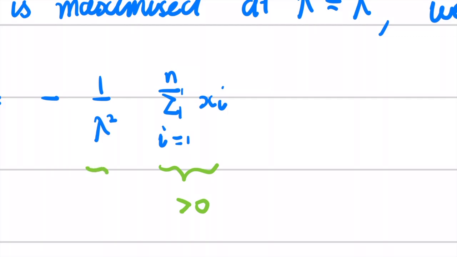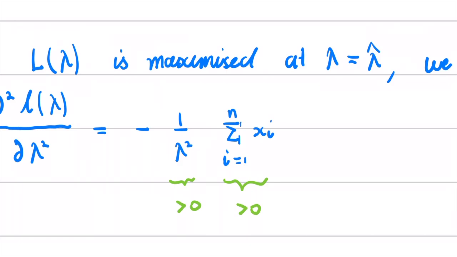Now, if I just focus on 1 on lambda squared, well, lambda squared is definitely a positive number because anything squared, negative or positive, is positive. 1 over a positive number is still positive. So together, this expression here is also greater than 0. So you've got a number greater than 0, times a number greater than 0, with a negative out the front. Now what does this tell you?